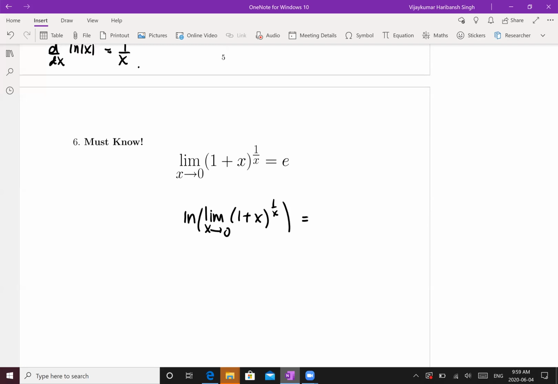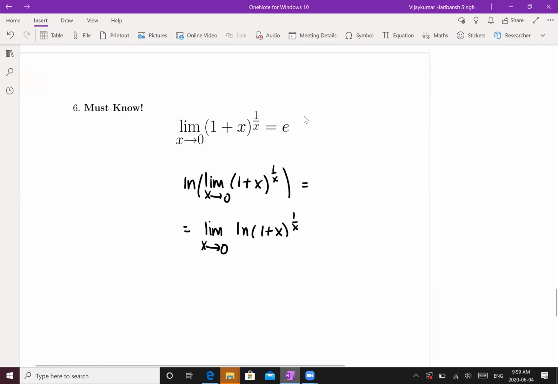Note that for x very close to 0, 1 plus x is going to be positive, right? So this is same as the limit as x goes to 0 of ln of 1 plus x to the power 1 over x. This is going to be the limit as x goes to 0 of ln of 1 plus x over x.